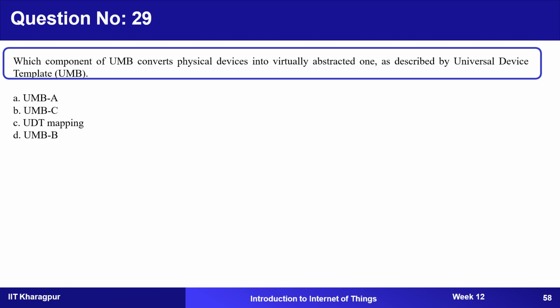Next question is, which component of UMB converts physical devices into virtually abstracted ones as described by Universal Device Template? Options are UMB A, UMB C, UDT mapping, UMB B. Option A, ma'am. A. Anyone else?